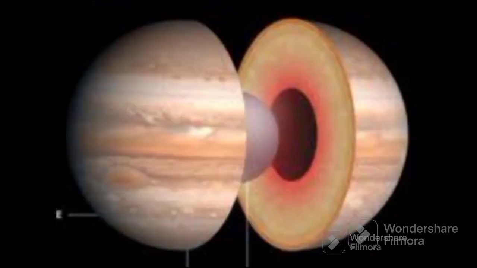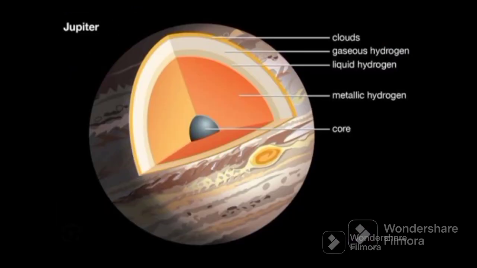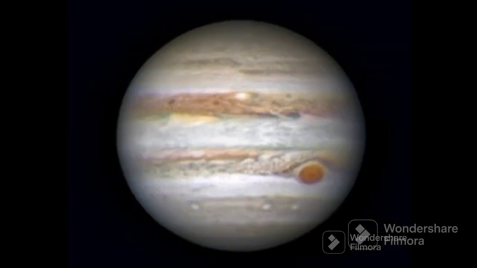Now let's learn about the interior parts of Jupiter. Jupiter contains a gaseous crust, liquid metallic hydrogen and a metallic core which is hotter than the surface of Sun. A day on Jupiter is equal to 9.9 hours and a year is equal to 11.9 Earth years.